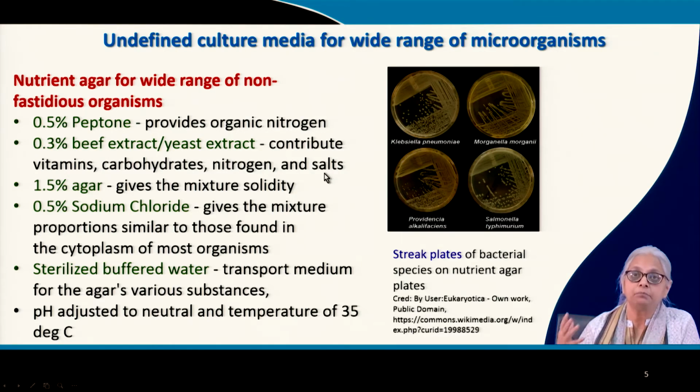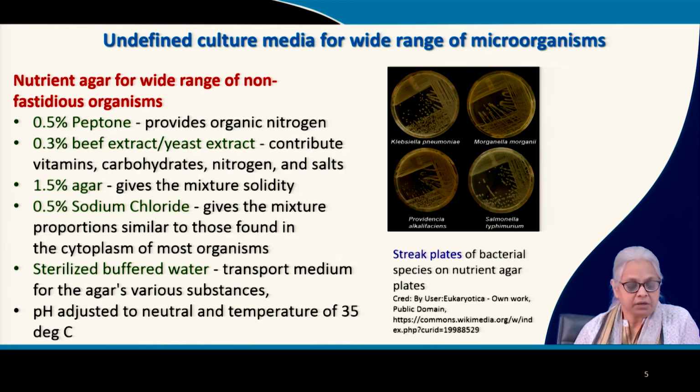So it's a fully mixed media. And you have 1.5% agar to give the mixture solidity when it is incubated, and some amount of salt is required. Remember what I said, this is to maintain isotonic conditions similar to the ionic strength of the cytoplasm of most organisms. So that will help to maintain the ionic strength inside and outside the cell, so that it doesn't become a problem factor.